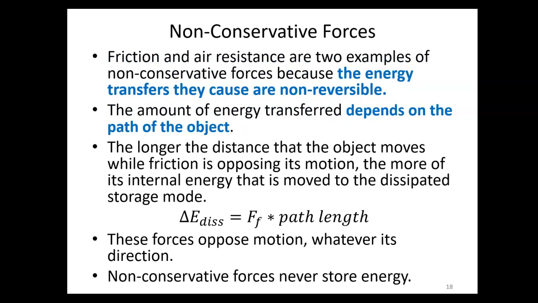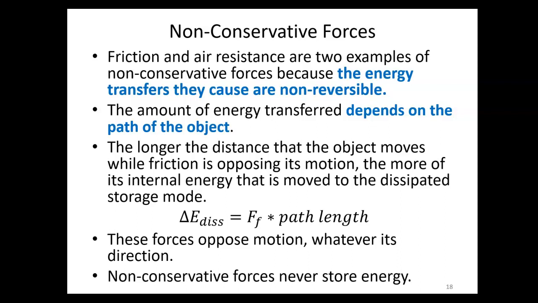Friction and air resistance are two examples of non-conservative forces, and they're called non-conservative because the energy transfers that they cause are non-reversible. Remember, dissipation is the storage mode that grows due to friction and air resistance. It's a one-way trip.